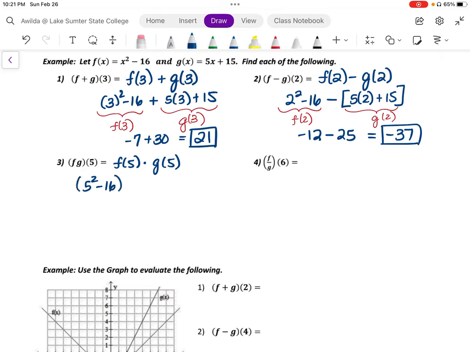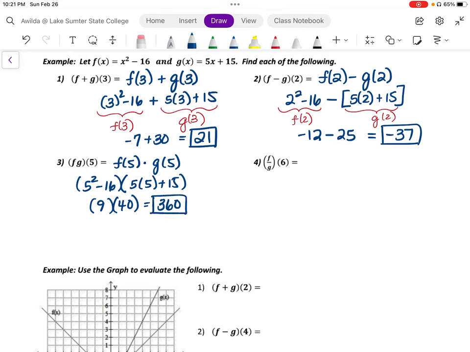I'm going to put that in parentheses because we have to multiply by g(5), which is 5 · 5 + 15. 5² is 25. 25 − 16 is 9. In the second set of parentheses, 5 · 5 is 25. 25 + 15 gives us 40. 9 times 40, finally, will give us 360.